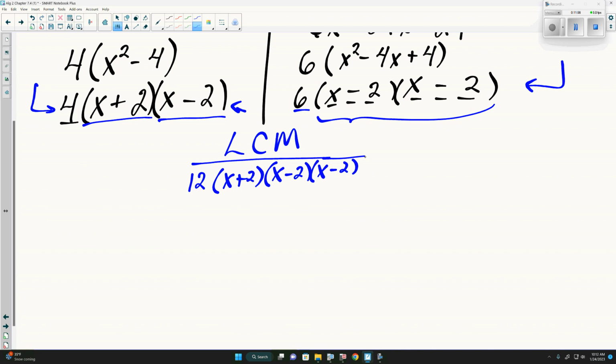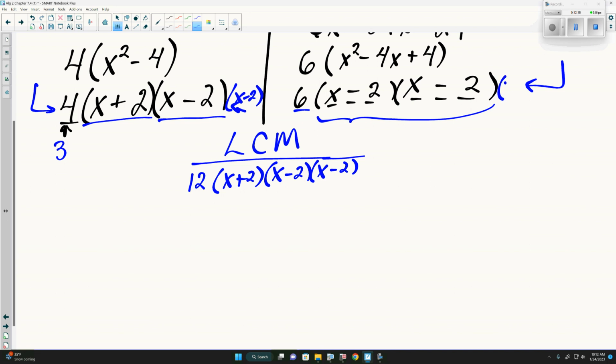So if I wanted them to be the same, this one over here, to turn the 4 into 12, I just need to multiply it by 3, yes? It has the x plus 2, x minus 2, it's just missing another x minus 2, yes? We can do a similar thing over here.